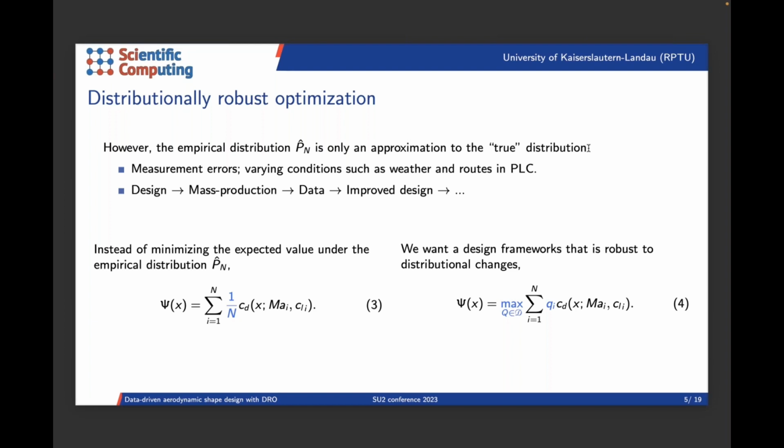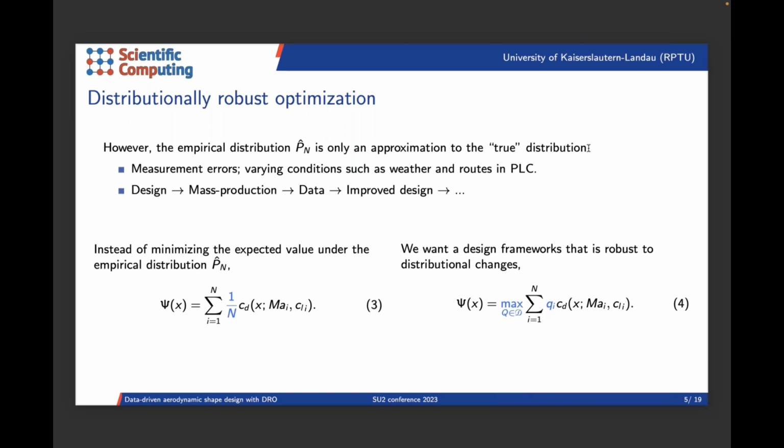However, the empirical distribution is only an approximation to the true distribution. For example, there may exist measurement error, the conditions, for example, the weather, climate, or the routes change during the life cycle of the product. And more implicitly, the design process happens before the mass production, and the data we collected is only collected once the product is built.